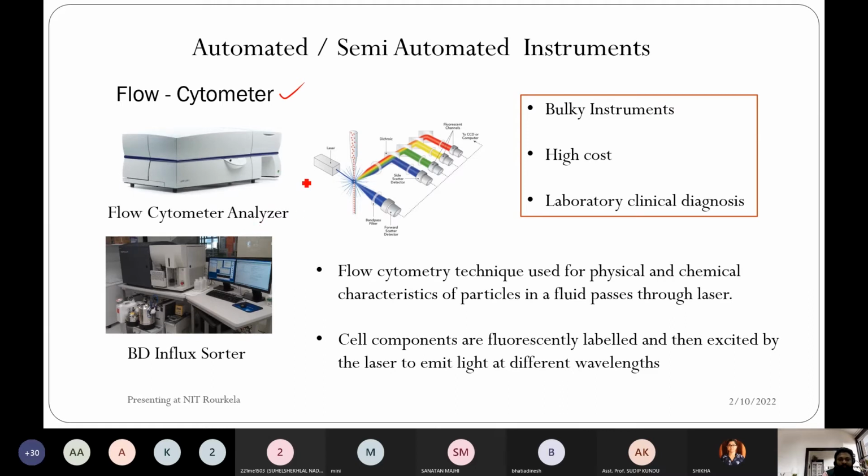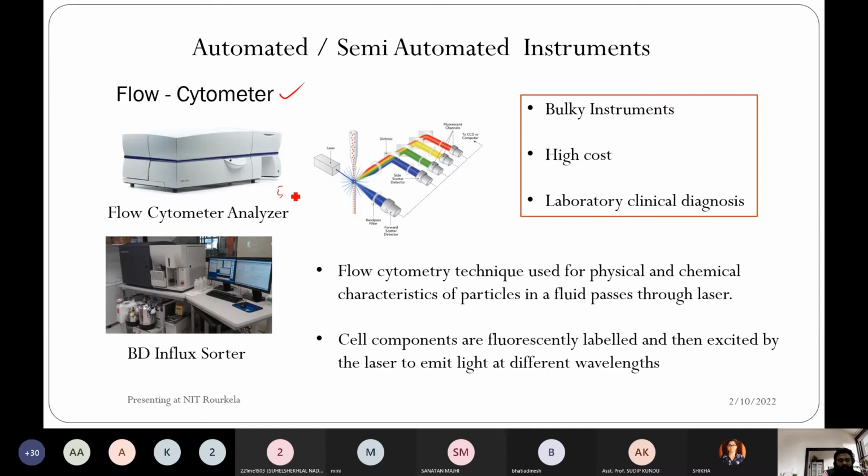Flow cytometers can be used for various applications, including biological cells like blood cells, plant cells, and many more particle analyses. If you add a fluorescence dye, it works as fluorescence flow cytometry. Otherwise, it gives normal scattered information.